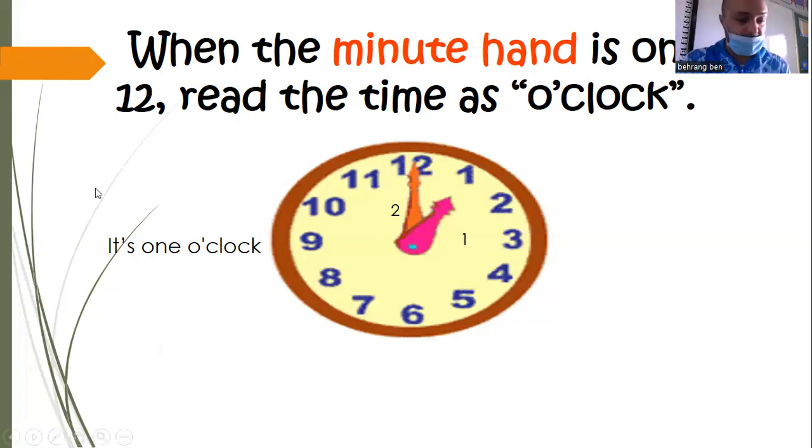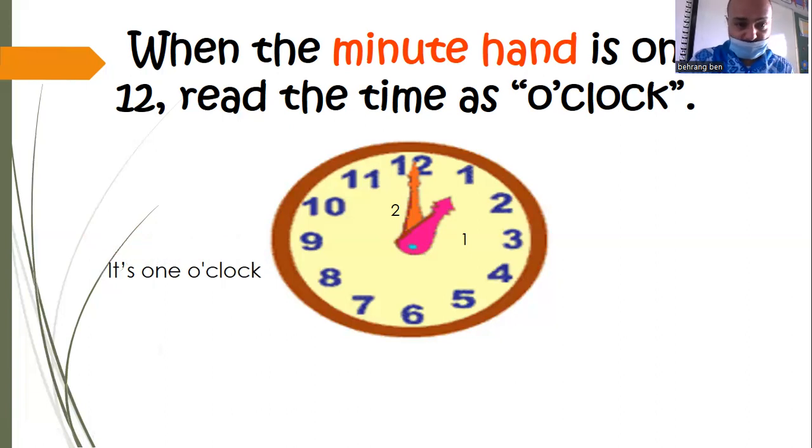Then exactly draw this picture and write it's 1 o'clock. And before writing it's 1 o'clock, please write this question as well, because tomorrow teacher Ben will ask you this question.